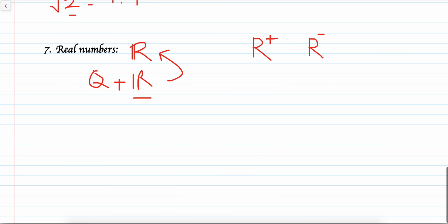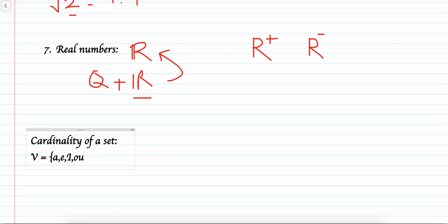Now we will look into some more terminology. So with sets we define a term called cardinality of a set. So in the earlier example we had seen that V is equal to {A, E, I, O, U}. So this was the set of all the vowels in the English alphabet. So how many elements are there in set V?